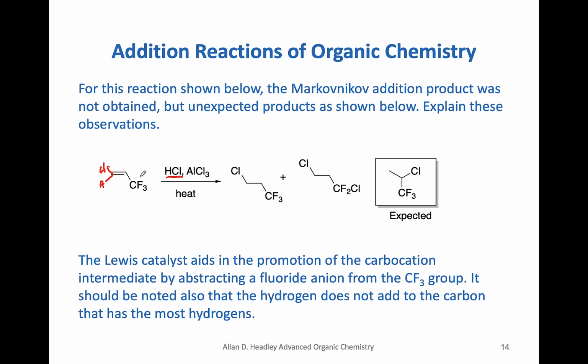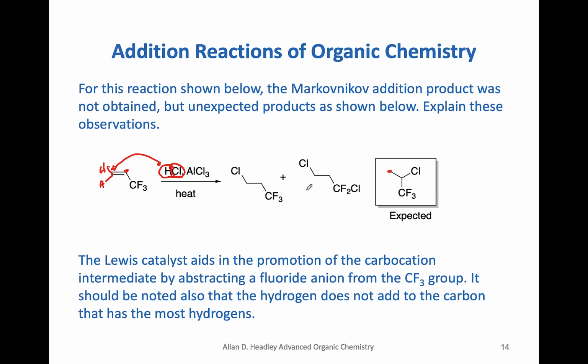So you'd expect H to add over to here. And let me not use an arrow, because arrows show the movement of electrons and I'm not moving any. So you'd expect that to add over to here to get this, and you'd expect the Cl to add here to get that. So that would be the expected product.